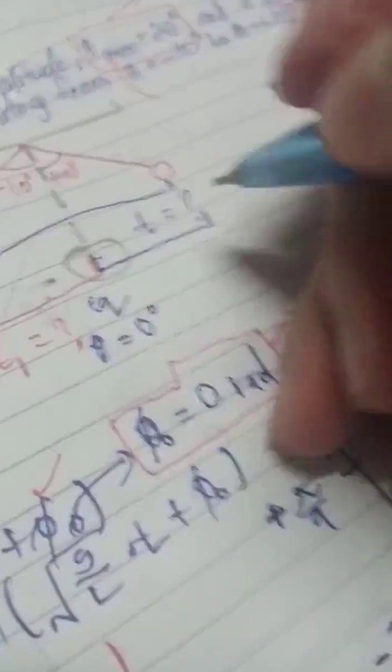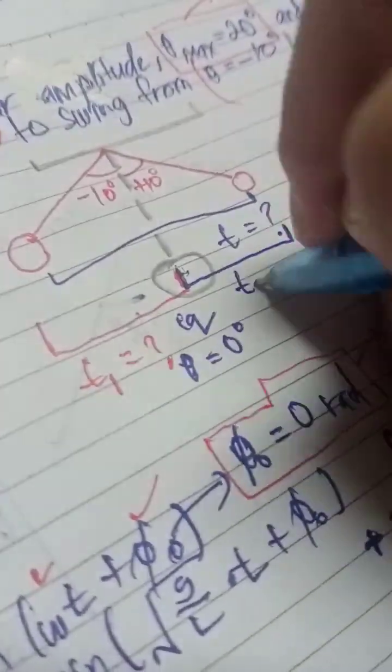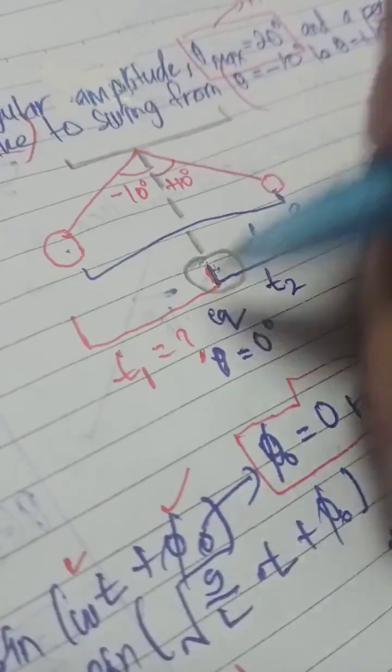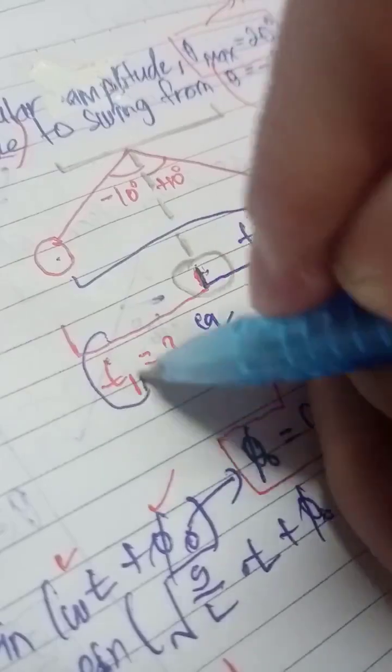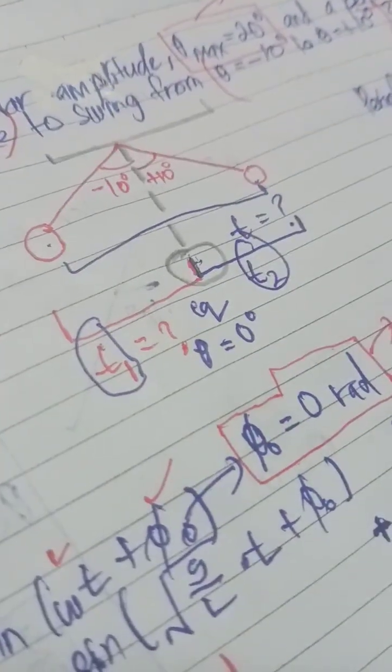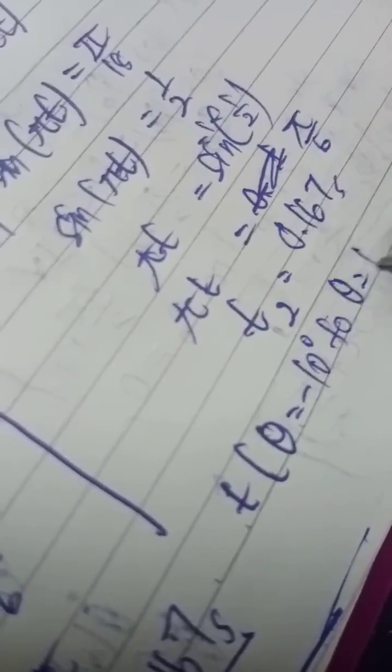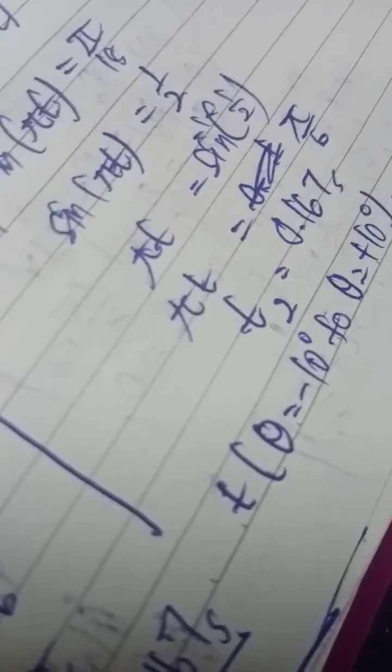Okay, time 1, time 2. So to get from here to here, we have to add both of these times. So the time from theta equal to negative 10 degrees to theta equal to positive 10 degrees is equal to t1 plus t2.